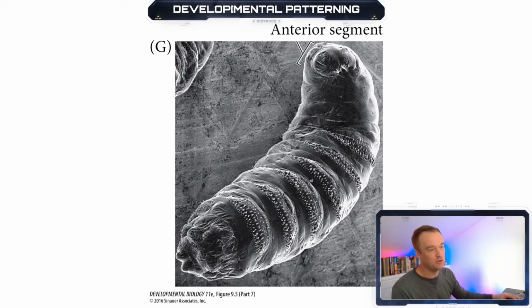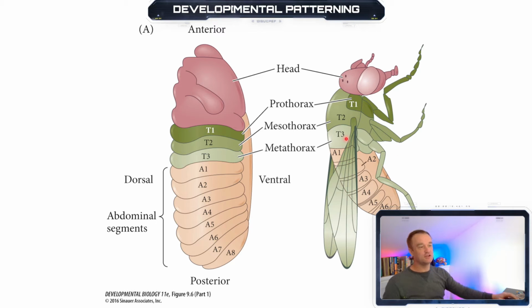And then as it unfolds, you can see, this is a newly hatched larva. Then we have the anterior segment here, so this is the head, and then we have the thorax and abdomen down that way. This is a color view here of it. So this is how it maps out to a fly once they fully metamorphosize, right?